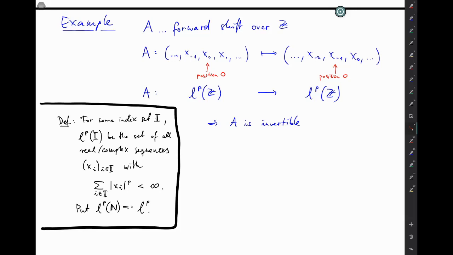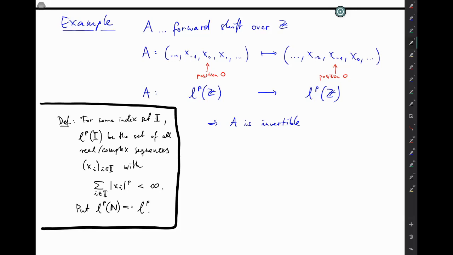But still, let's use this example as an example to play with and to try and understand what the finite section method is doing with this concrete example. Now, obviously here, having to deal with two-sided infinite sequences, we need our truncation operators to do truncations on two sides.